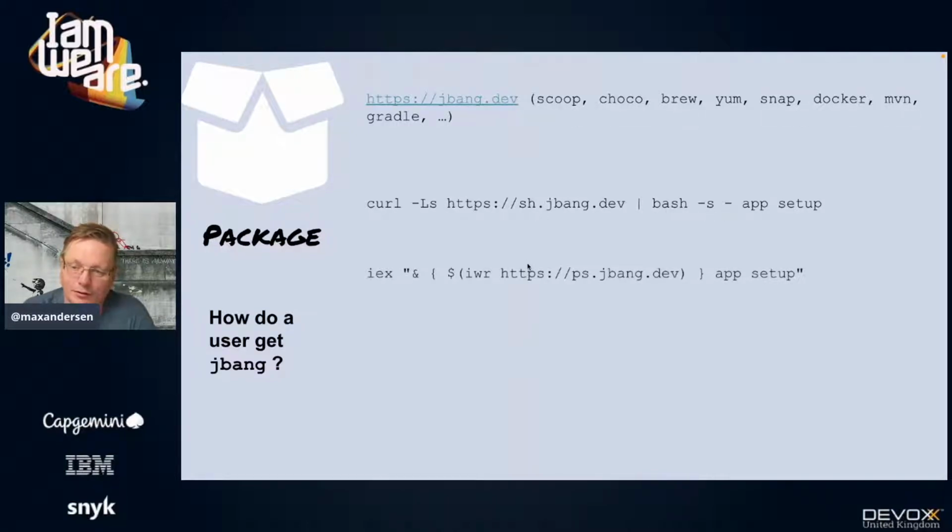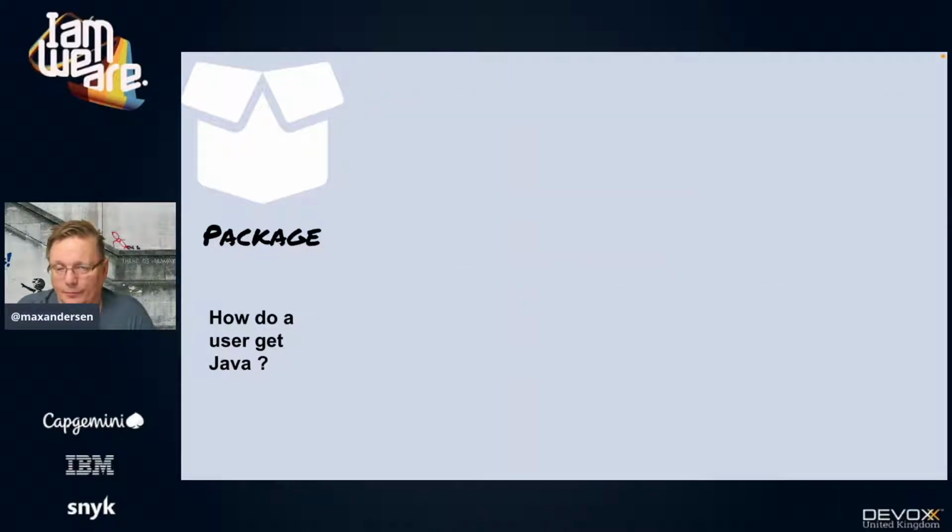Or if you're on PowerShell with Windows, you run this kind of command. So you can get it in any kind of form or shape you want to get it running. And by the way, those commands actually work on Raspberry Pi, and it runs in a Docker container.